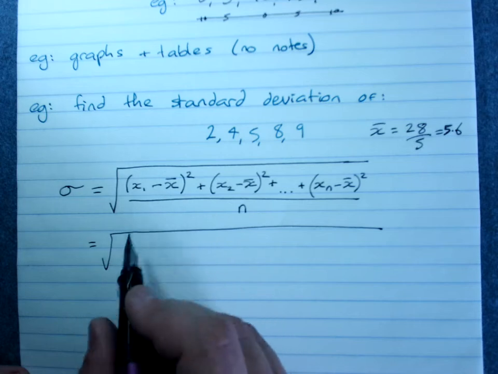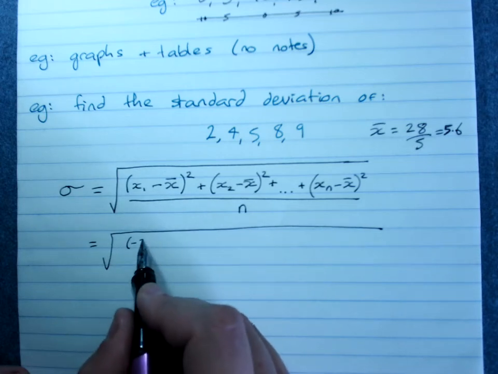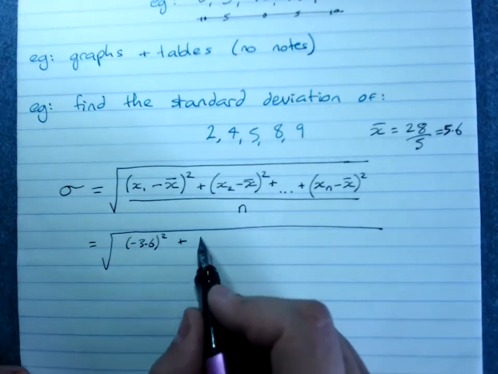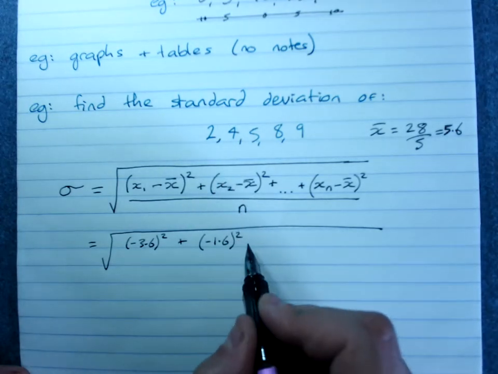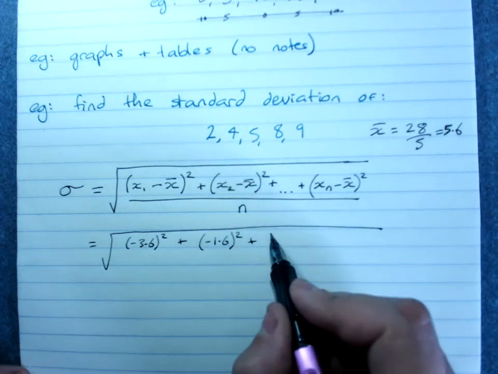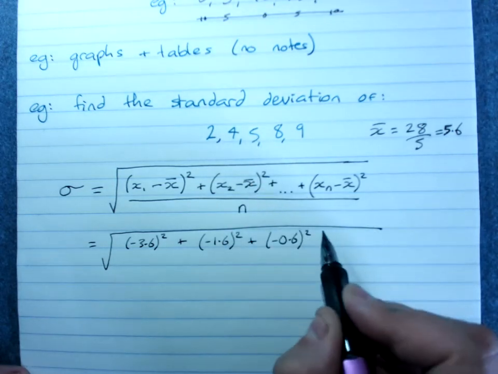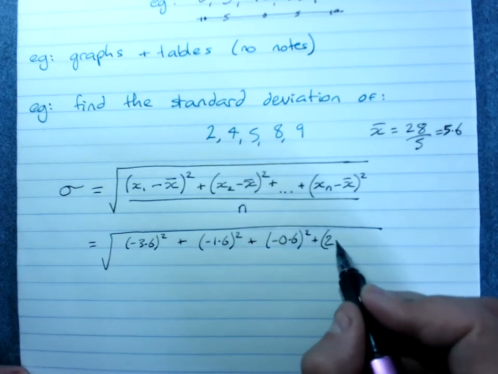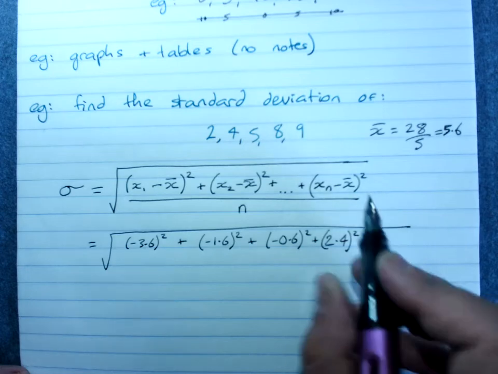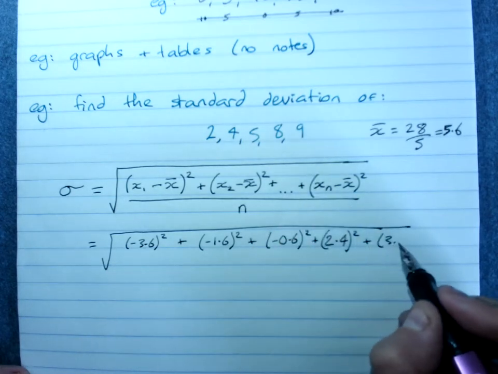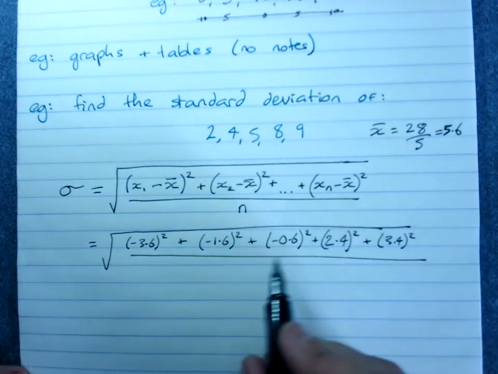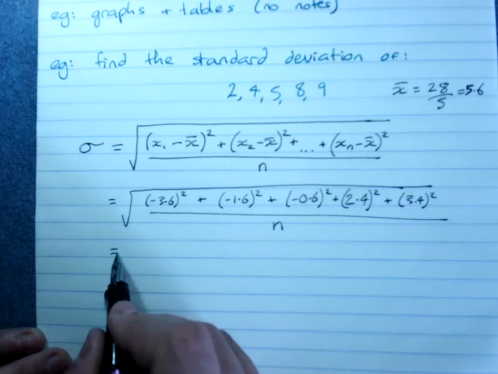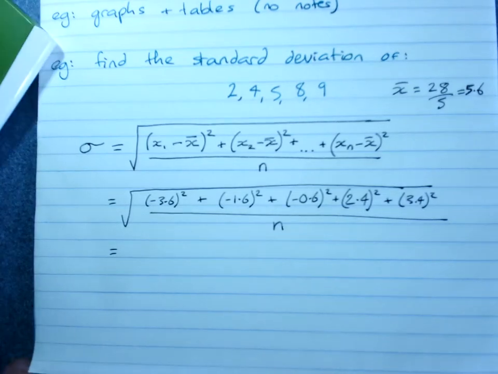So 2 minus 5.6, negative 3.6, and we square it. 4 minus 5.6, negative 1.6, and we square it. 5 minus 5.6, negative 0.6, square it. 8 minus 5.6, 2.4 squared. 9 minus 5.6, 3.4 squared. Divide by n, then square root.